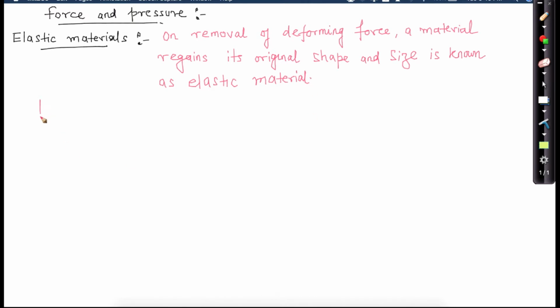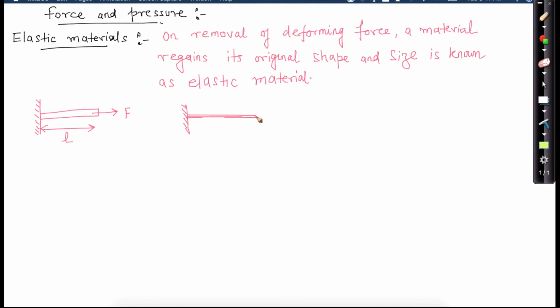So let's say we have elastic material and the length of the elastic material is L. So right now the initial length is L and you're putting the force F to the right. So on applying the force, this material will become something like this.